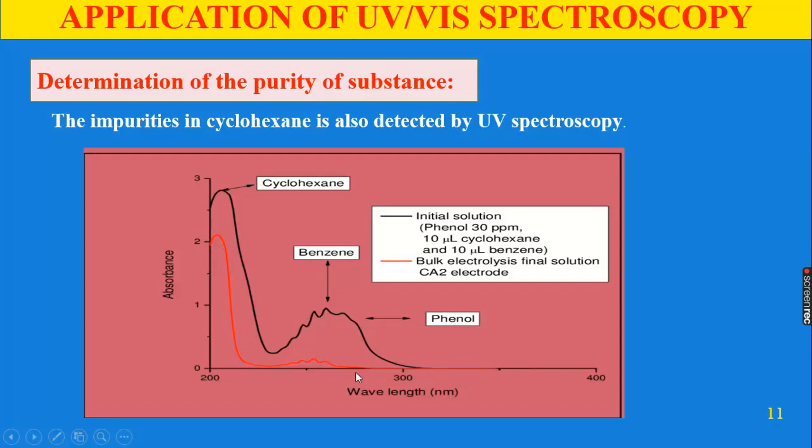When it is pure, no other absorption takes place. When there is an impurity like benzene or phenol, they absorb at 255 nanometer, which indicates that our cyclohexane is not pure. So with the help of UV visible spectroscopy, we can determine whether our compound is pure or not.